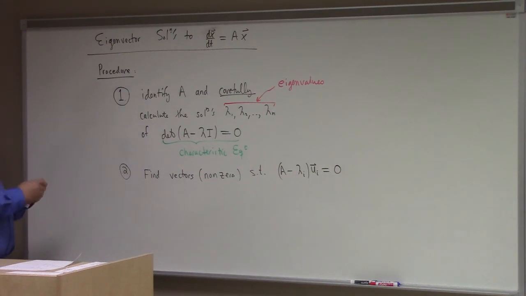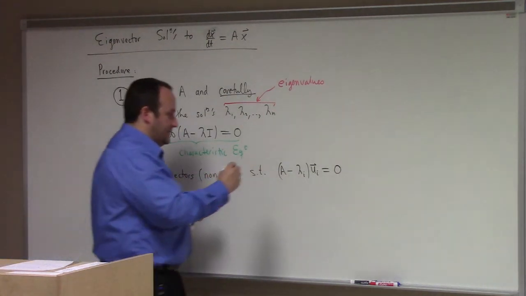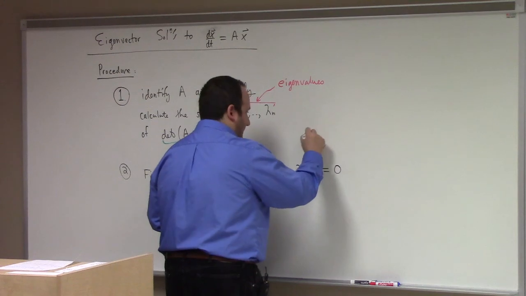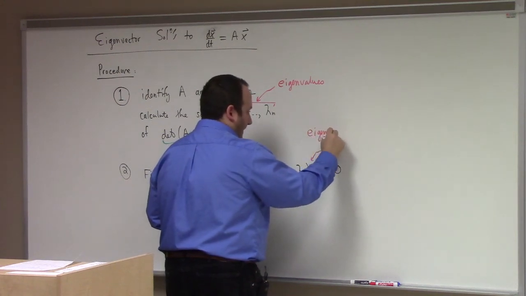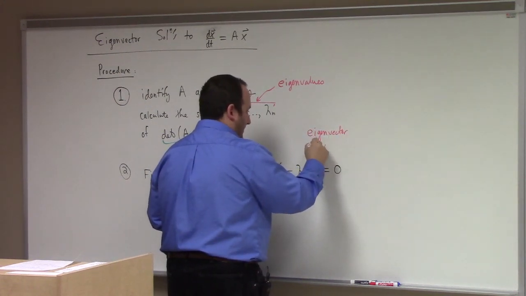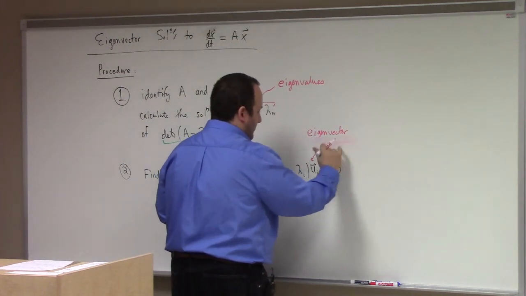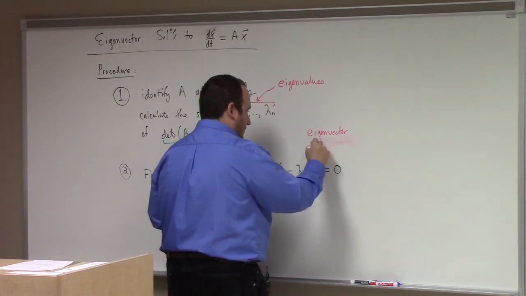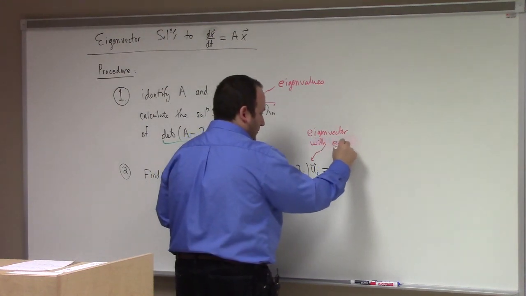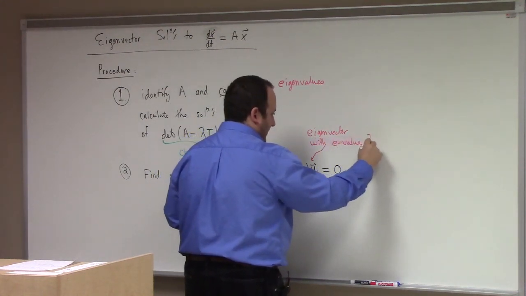That makes that u sub i an eigenvector with eigenvalue lambda sub i, right?